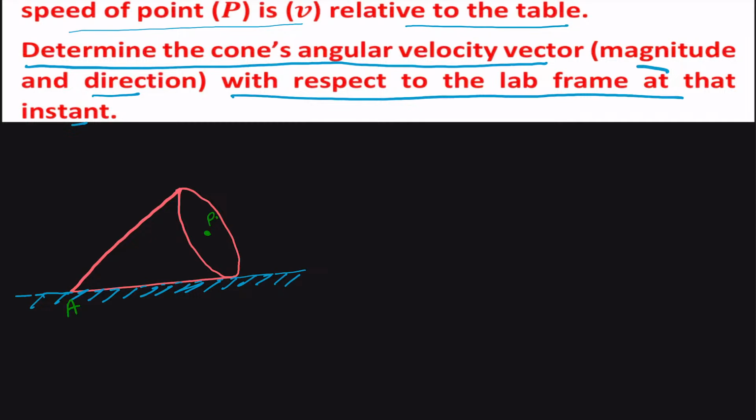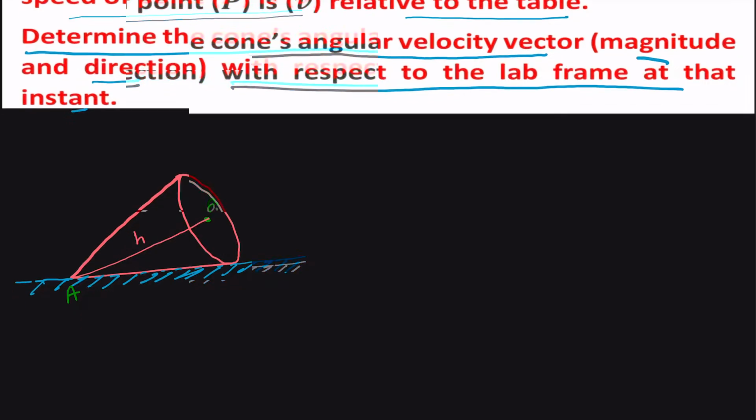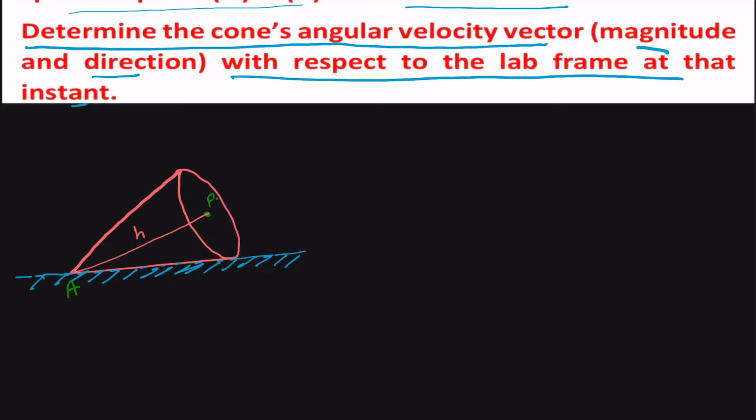The vertex suppose we call A, and the line joining this vertex A and the center P, its length is given as h, which is indirectly the height of the cone. And the angle is given to us as alpha. And it is said to be rotating in this direction. And it is mentioned that it is rolling without slipping.